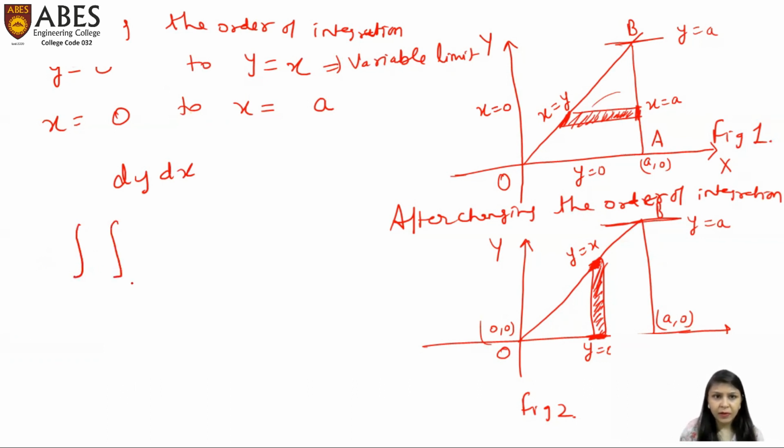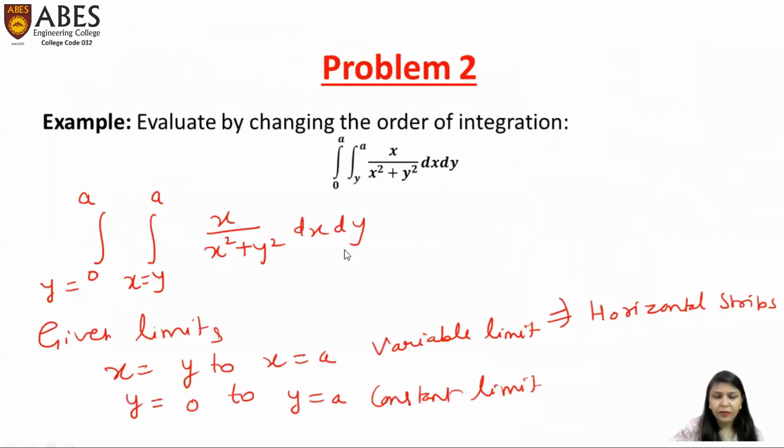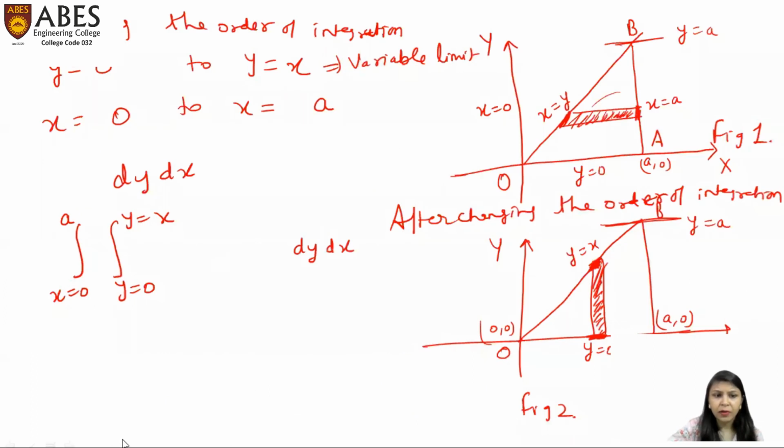So first we write the variable limit y equals 0 to y equals x and x equals 0 to x equals a. Its order is dy dx, and the function is x upon x square plus y square.